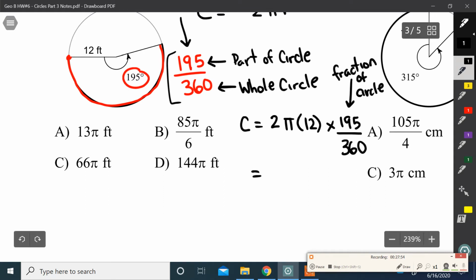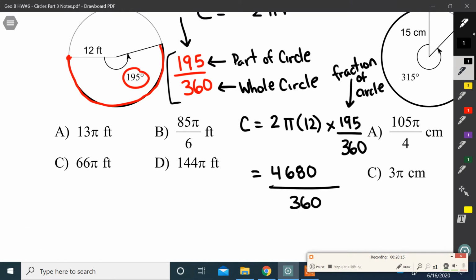So let's go ahead and do some multiplication here. We've got 2 times 12 times 195. It's going to give you a big number, 4,680 over 360 pi.